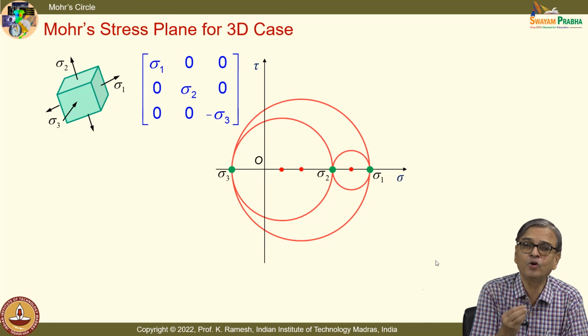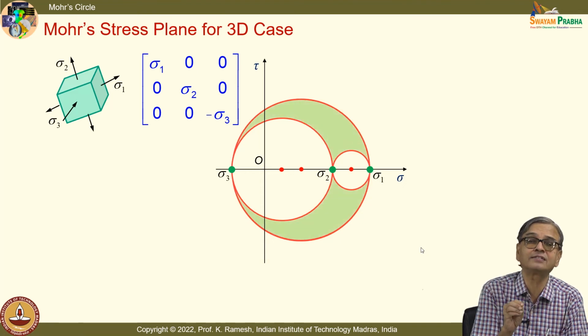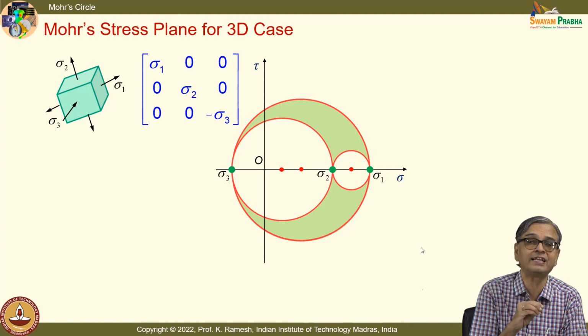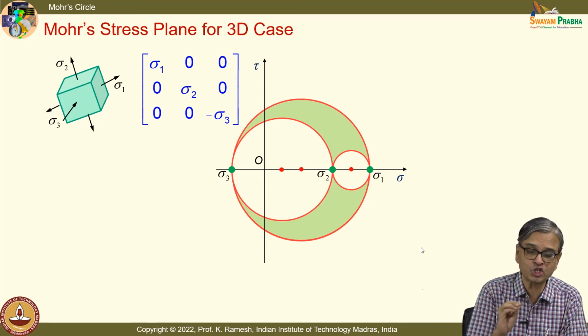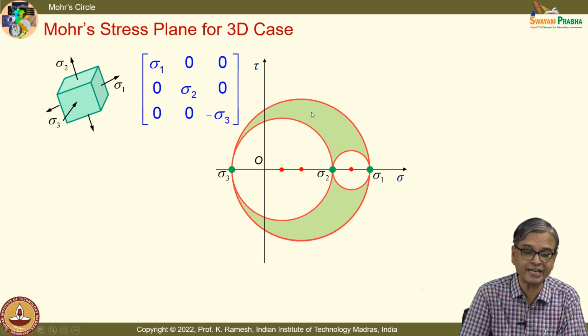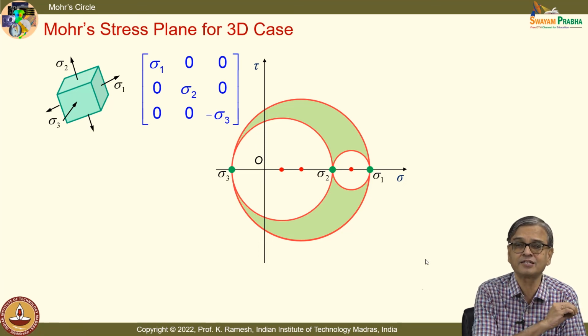And what Mohr has said is, the in-between zone is the zone in which all the points for all the possible infinite planes in a three-dimensional body exist. All the points in this zone, the green one bounded by the red circles, this is the area. If you take any point, you can locate the point in three-dimensional space.